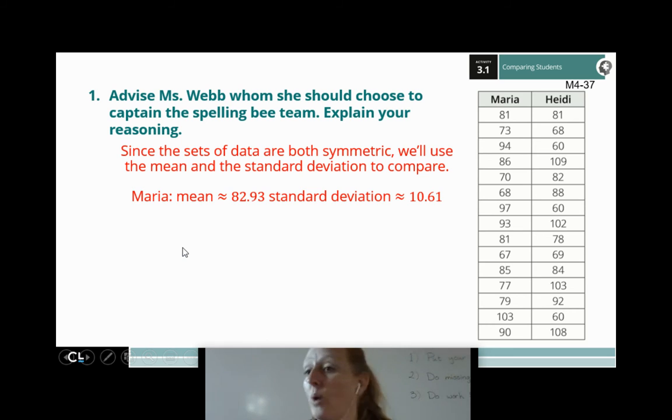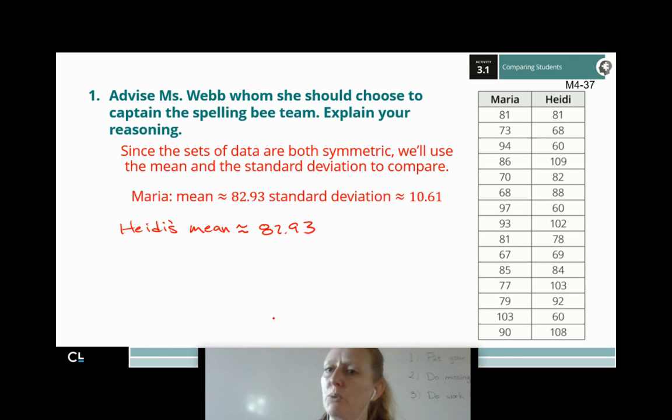And then Heidi. So I dealt with Heidi. I added these all up. I divided by 15. And I found out that Heidi's mean was about, again, 82.93. Also, same as Maria's. So we better check the spread. So we're going to check her standard deviation.